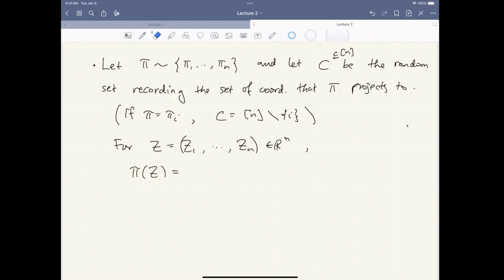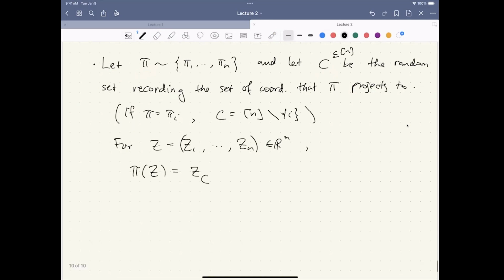Pi z is what? It's a random projection of z onto this random set C, right? So it's basically z sub C. We're going to write this, where z sub C is z_i, i in C, random projection.